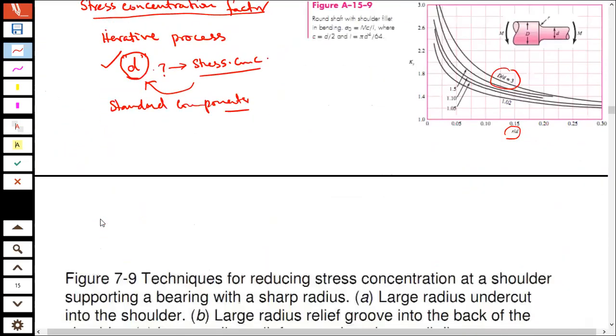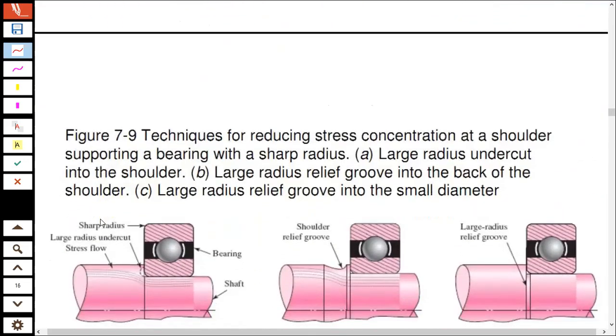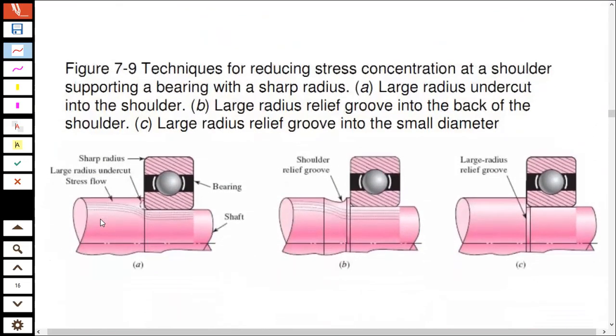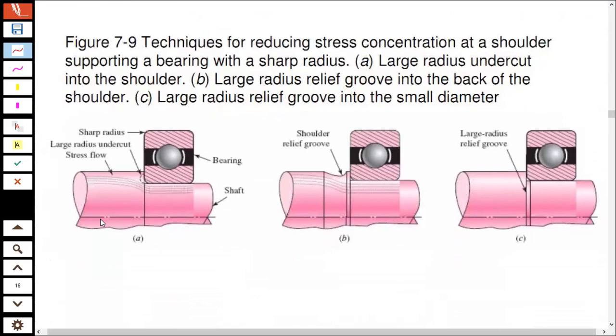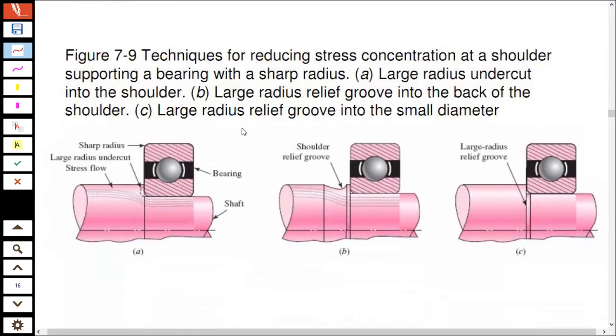So you can use these values initially, but again, what you would want is to avoid stress concentration. For example, these are some techniques with the help of which you can get rid of the stress concentration in a shaft. For example, looking at figure A, where does stress concentration occur?